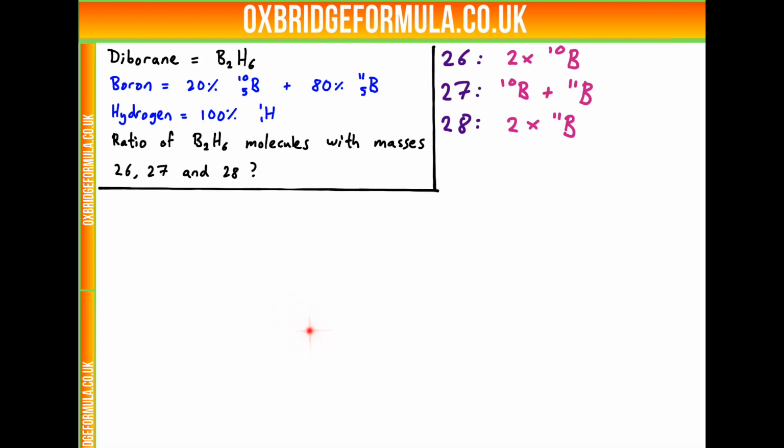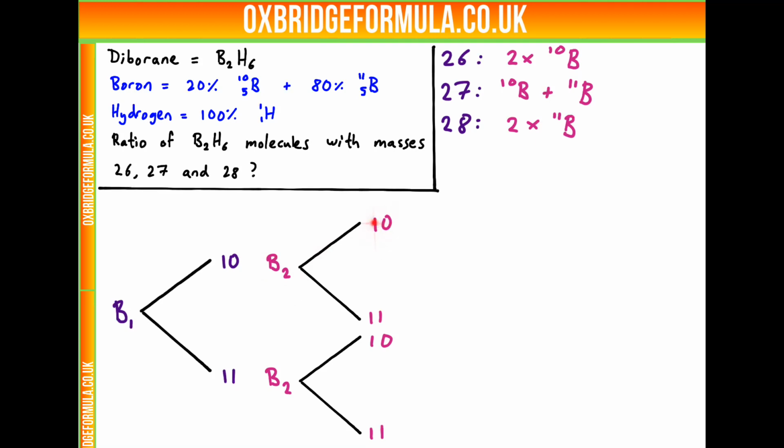So let's call our first boron B1. We know this can be boron 10 or boron 11, and then our second boron B2 equally can be boron 10 or boron 11. It looks like we've got 4 different outcomes, but we know 2 of these are going to be the same because we've got 3 different masses.